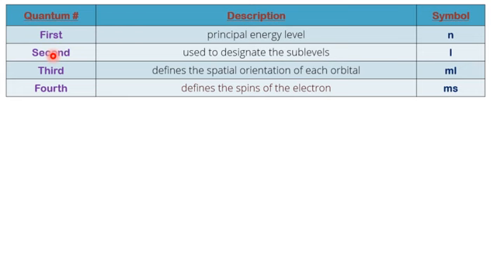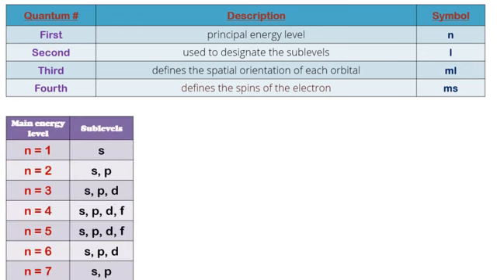So this second table presents the main energy level and their sublevels. As you can see here, we have n equals 1. What does it mean? It means that it is the first energy level. The n here symbolizes the first quantum number, or simply the energy level, while the numbers 1, 2, 3, 4, 5, 6, 7 represent the particular level.